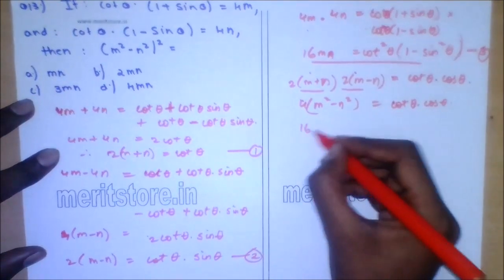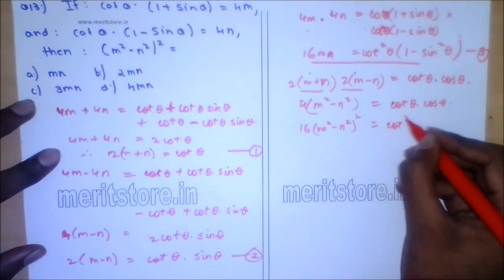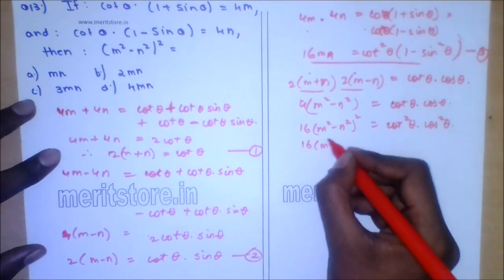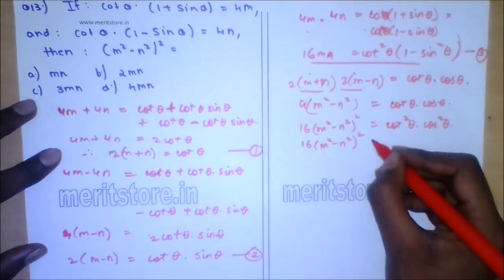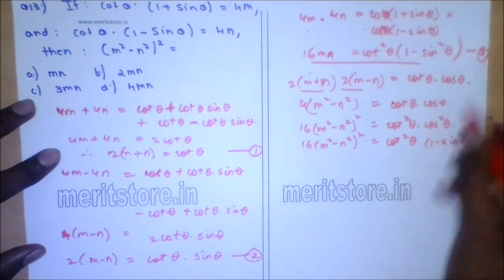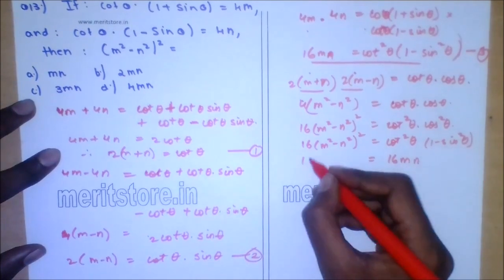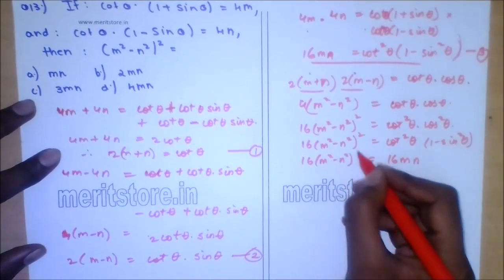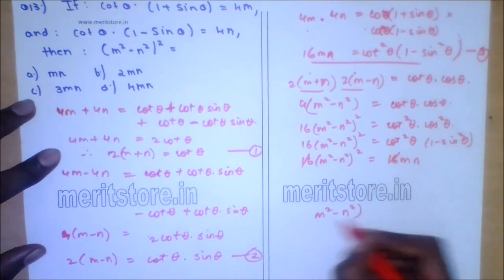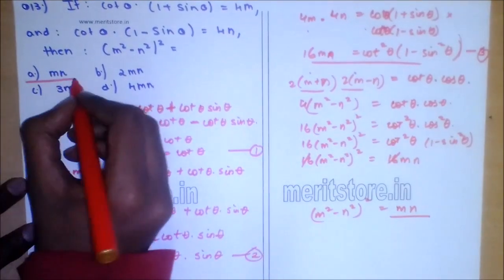Squaring both sides we get 16(m² − n²)² equals cot² θ cos² θ. That is 16(m² − n²)² equals cot² θ (1 − sin² θ). So from equation 3 we can substitute the value 16mn. So 16(m² − n²)² equals 16mn. 16 gets cancelled, so we are left with (m² − n²)² equals mn. So option A is the answer.